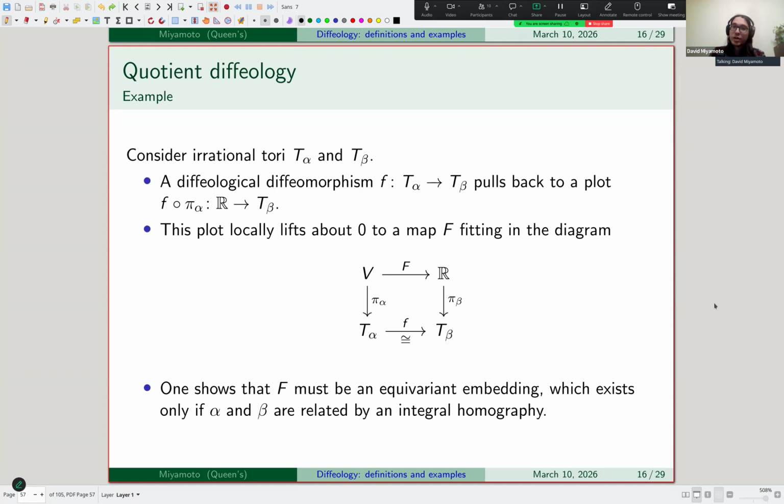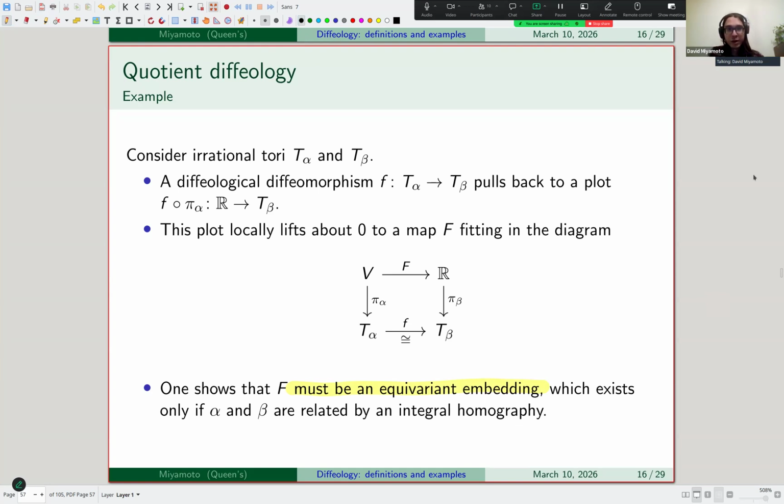And then that exists if and only if alpha and beta are related by an integral homography. This buries the lead about the difficulty, but the strategy is hopefully a little bit clearer of what you now try to show. Okay, so that's diffeology at work a little bit.